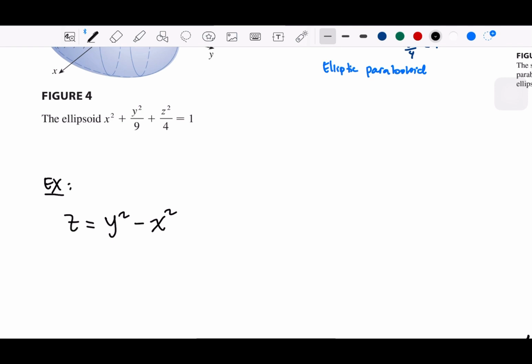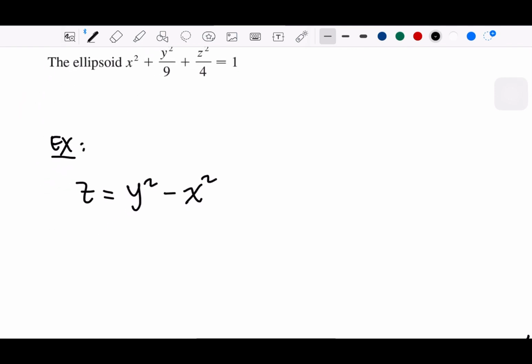So if we take some constant, let's say we start from z. Let's say z equals a constant, any constant. So we will have y squared minus x squared equal k, right? And we can imagine k can be 1 or -1, because if we do that, we can have y squared minus x squared or x squared minus y squared.